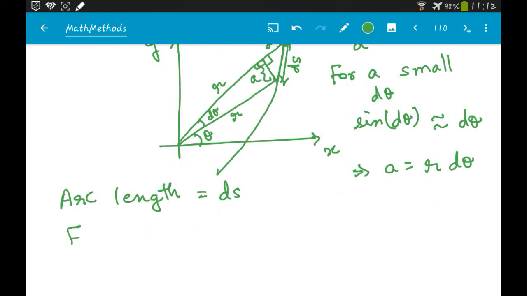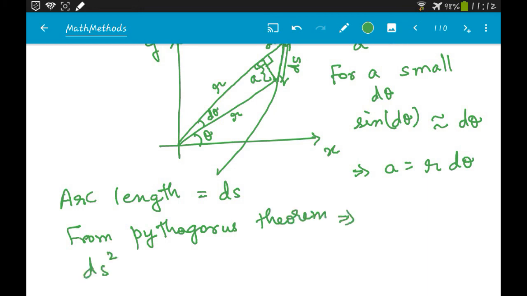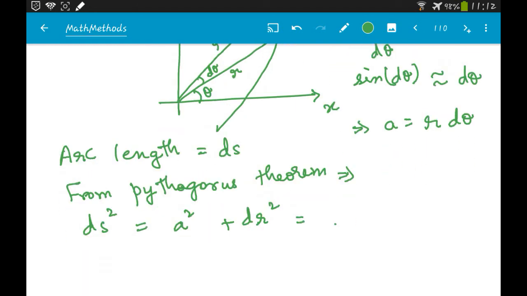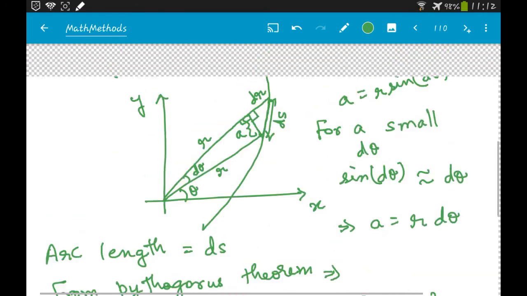So from Pythagoras theorem we have ds square is equal to a square plus dr square, and a is nothing but r d theta, so a square will be r square d theta square plus dr square. So this is going to be your ds square.